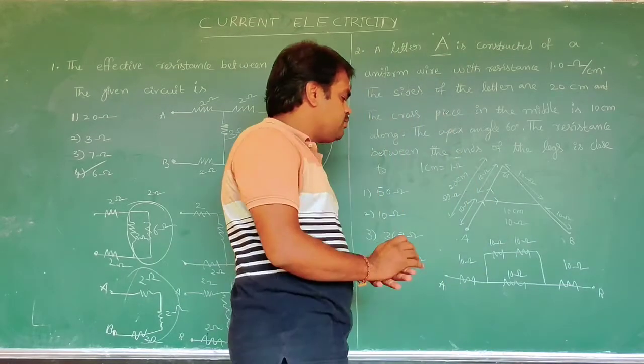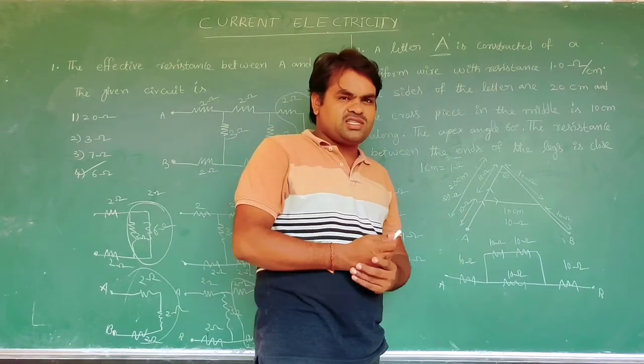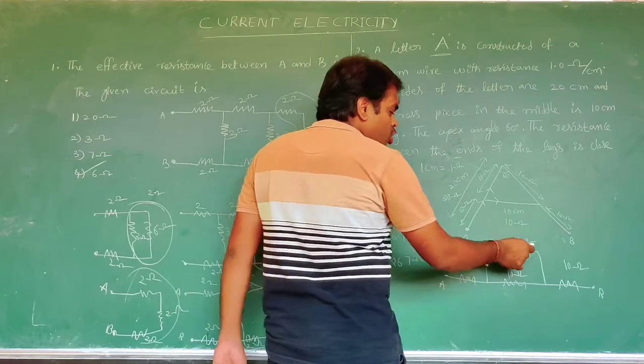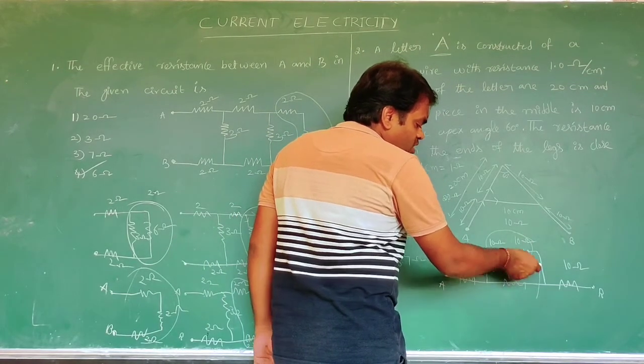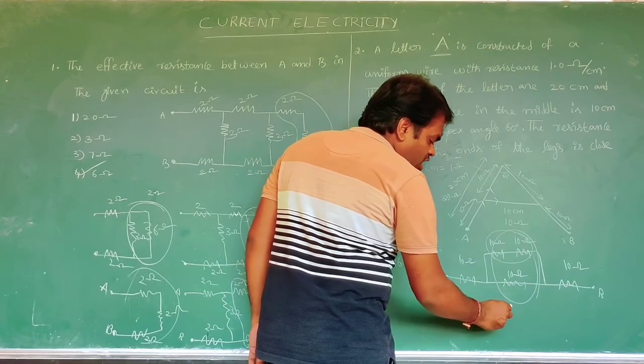Now what we say, simple: these two are in series. Series means 10 plus 10, 20. 20 and this is 10. These are in parallel.